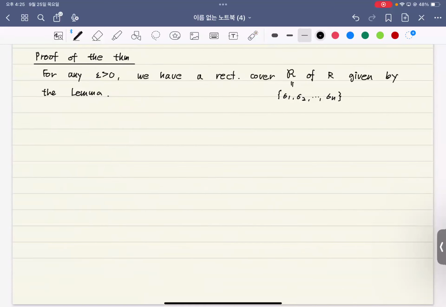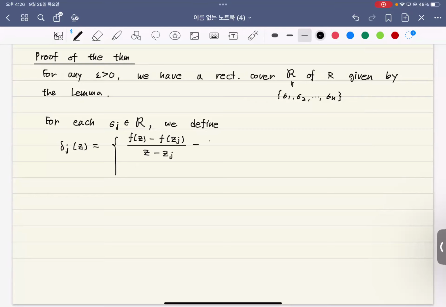Then for every square sigma j, we want to define a function which I will call delta j, defined to be (f(z) - f(zj))/(z - zj) - f'(zj) if z is different from zj, where the existence of such a point zj is guaranteed by the previous lemma.